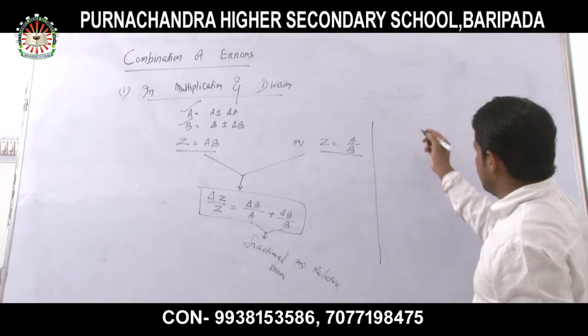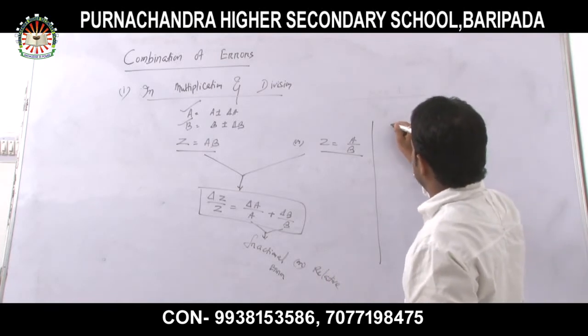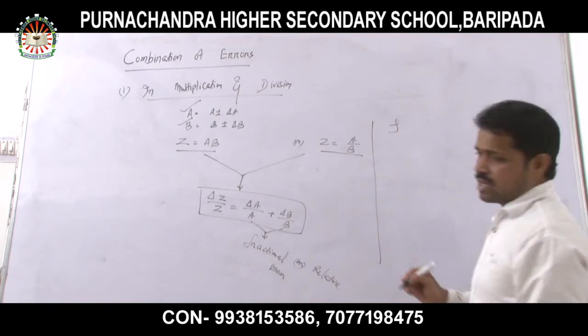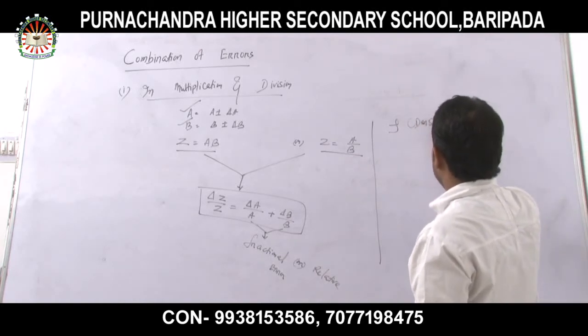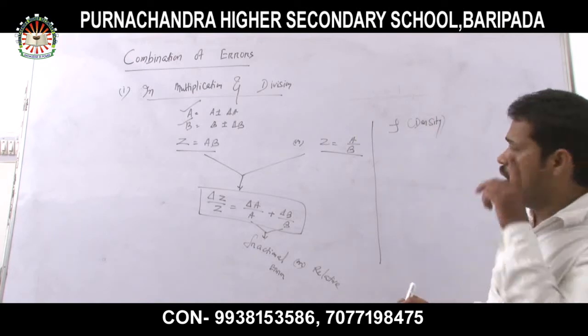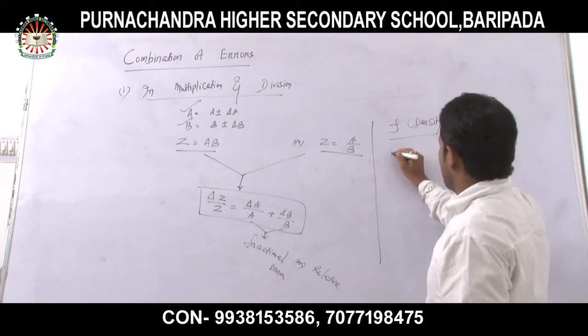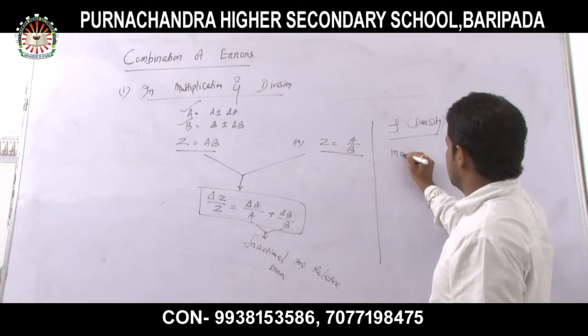Suppose you are going to find out the density. Density is denoted as rho. You are going to find out the density of a material where the mass is given. What is the mass?